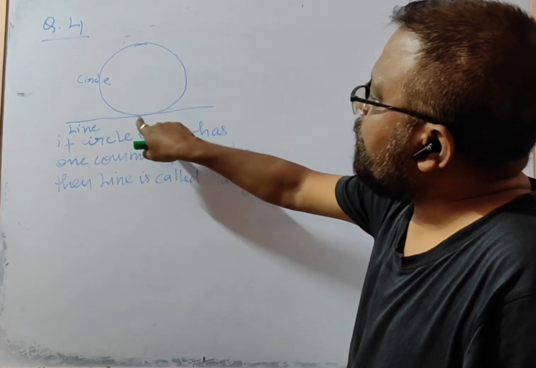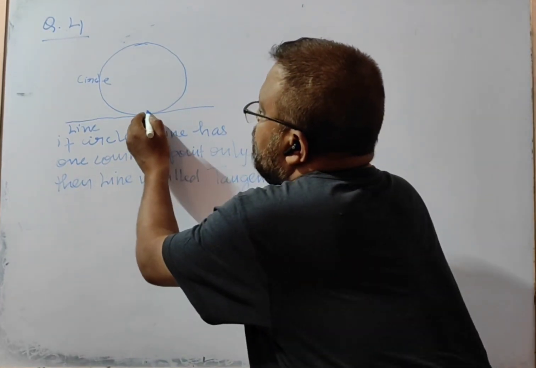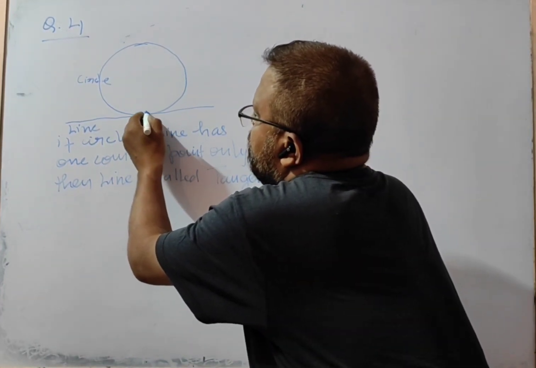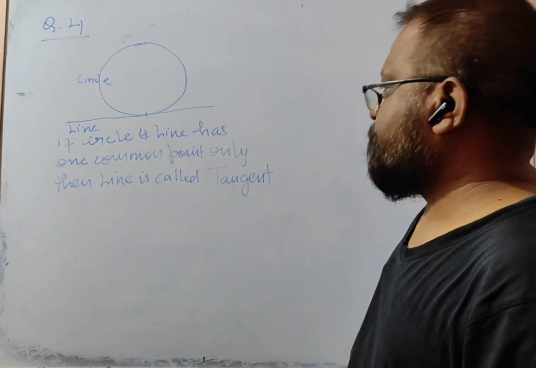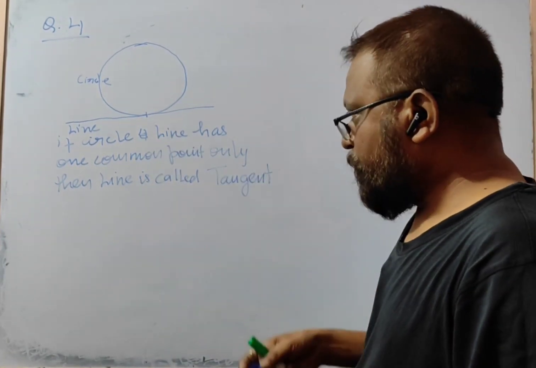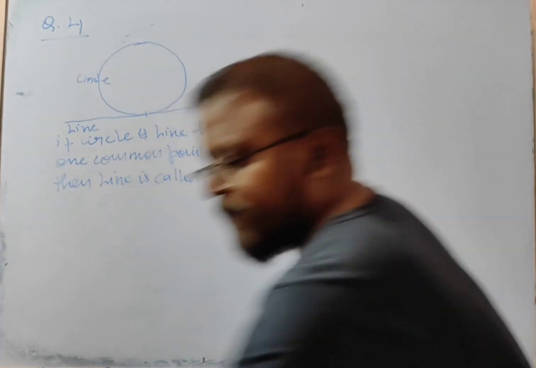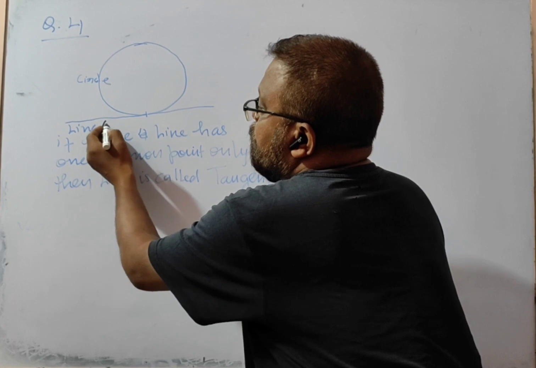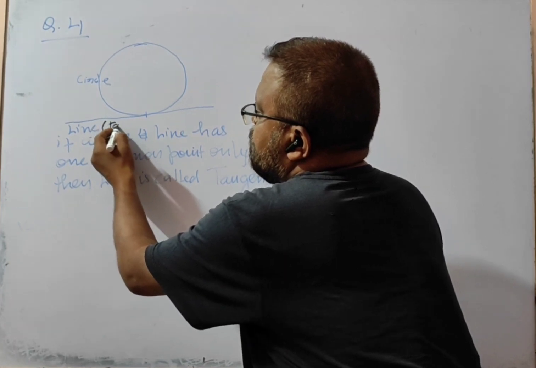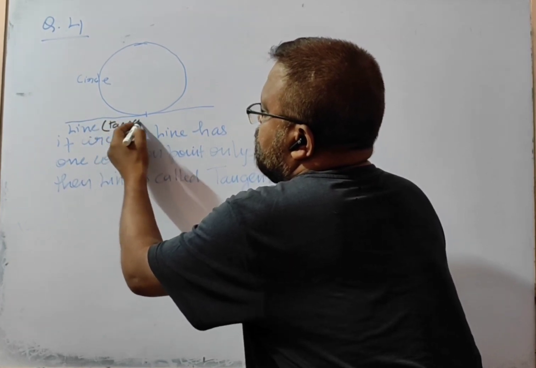Line and circle have one common point only, right? Then it is known as a tangent. Then this line is called a tangent. Got it?